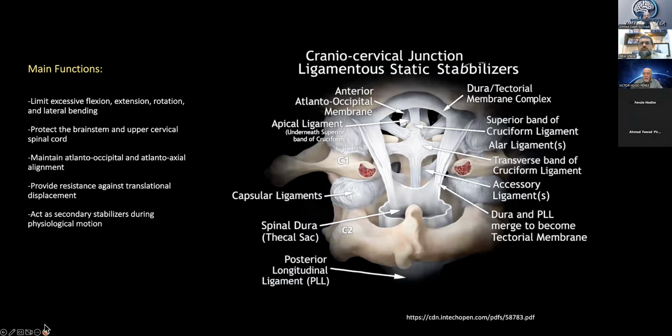Here we have a scheme, a drawing about the main ligaments of the craniocervical junction. So here we have the dura, tectorial membrane complex, the superior band of cruciform ligament, the alar ligaments on both sides, transverse band of cruciform ligament, accessory ligaments, and the dura and posterior spine ligament merge to become tectorial membrane.